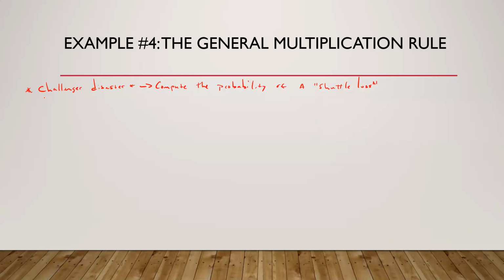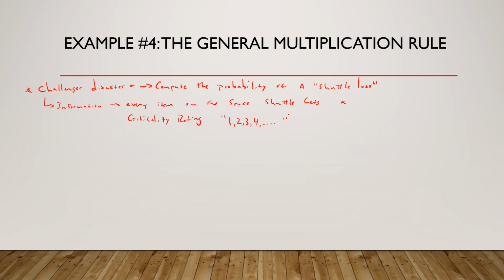So to do that, I have to give you some information. Every item on the space shuttle gets what's called a criticality rating. The criticality ratings are like this: criticality 1, criticality 2, criticality 3, criticality 4, and so on.